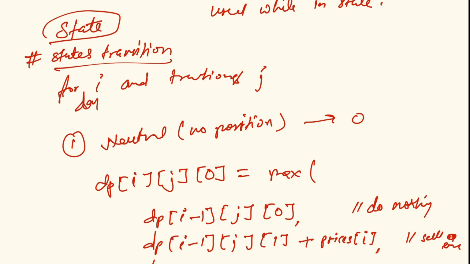Then we have dp at I minus 1, j, 2, and here we do minus prices at I. This is buying back a short: it was short, and we are buying back. So this is the neutral position.